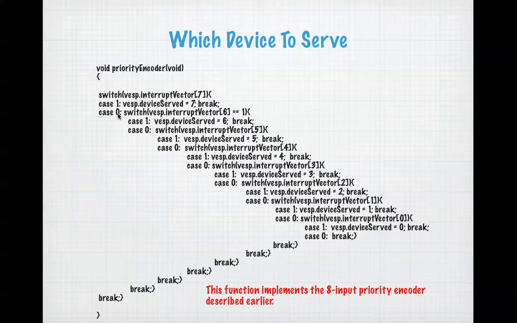If it is 0, in other words, if that bit flag is not equal to 1, then I'm going to have to interrogate whether or not device number 6 makes a request, and that is this case.